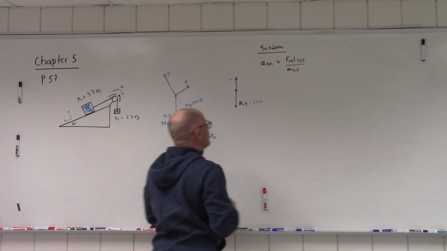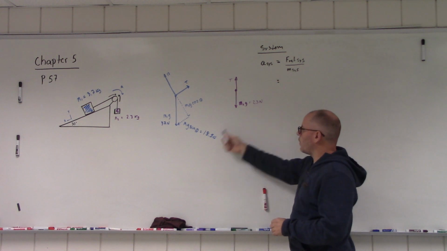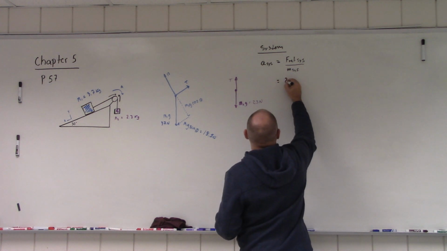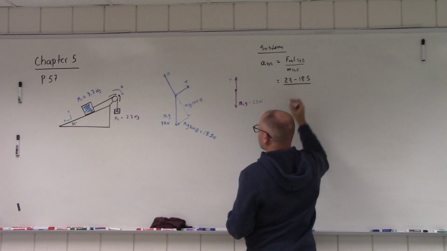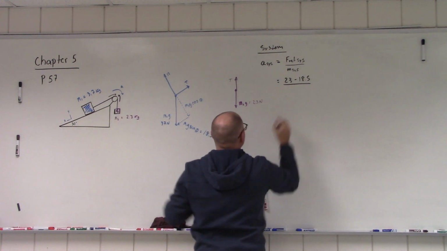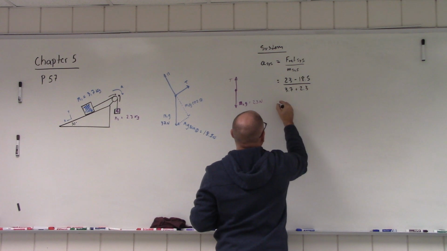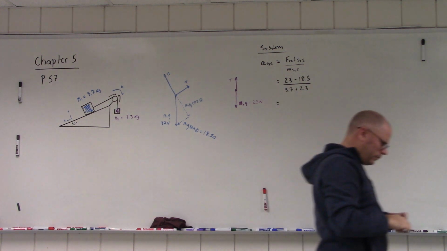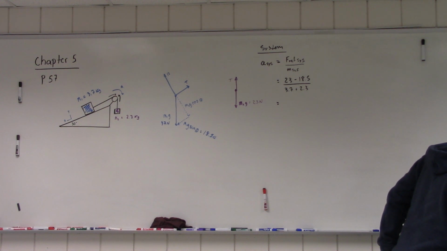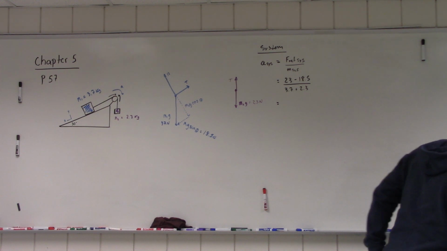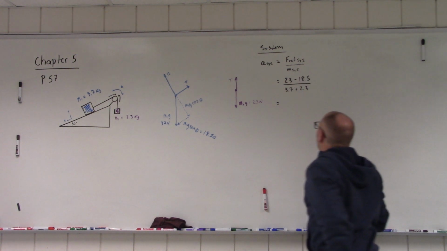So how do I get the net force on the system then? Well, the net force on the system is going to be the 23 minus the 18.5. And what's the mass of the system? Well, it's 3.7 plus 2.3. This is 23 minus 18.5.